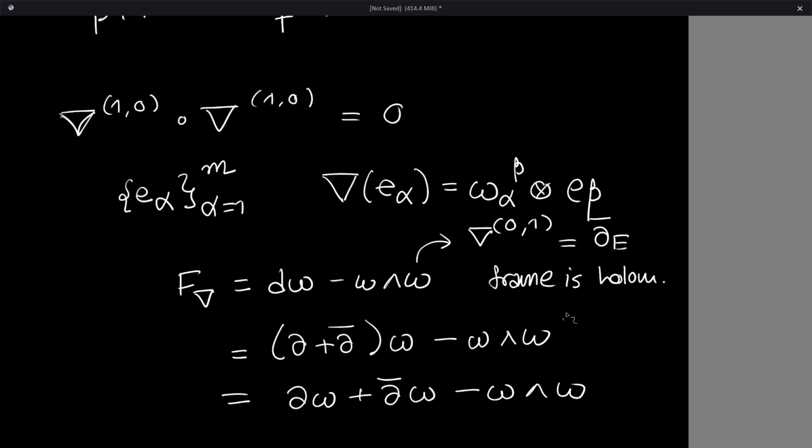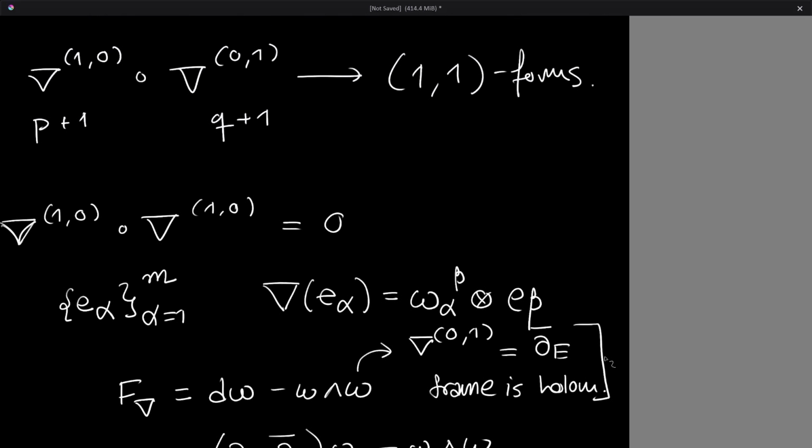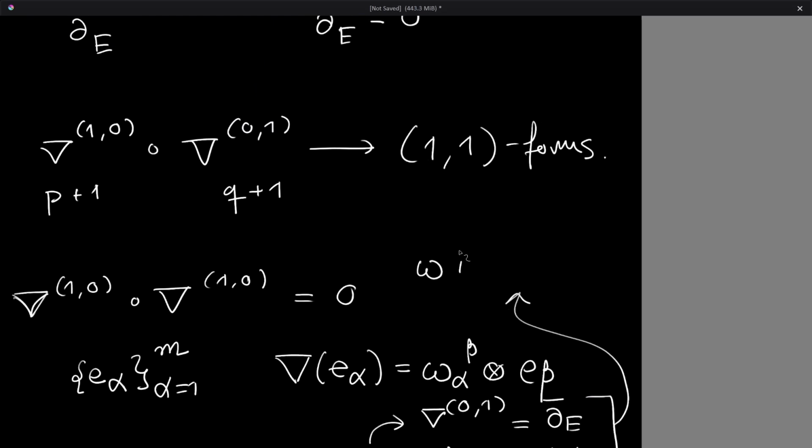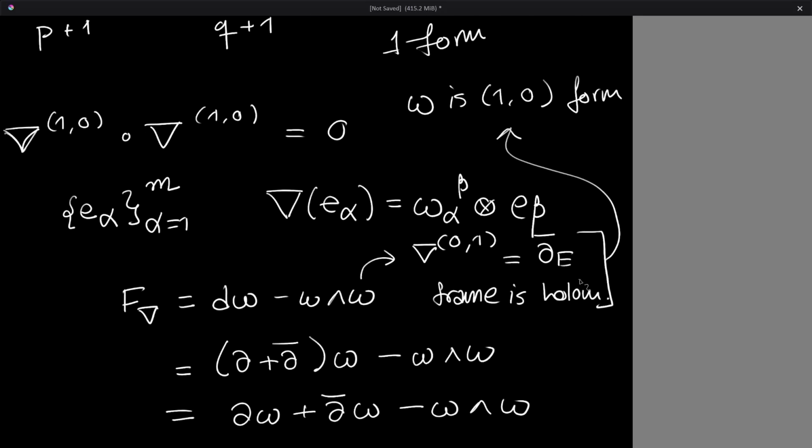So therefore, omega is a 1-0 form. Overall it's a 1-form, so it can have a 1-0 part and a 0-1 part. Its 0-1 part is equal to 0 because we're on a holomorphic frame, and the 0-1 part of the connection is the Dolbeault operator. We established that last time. That means that part had to go to 0.